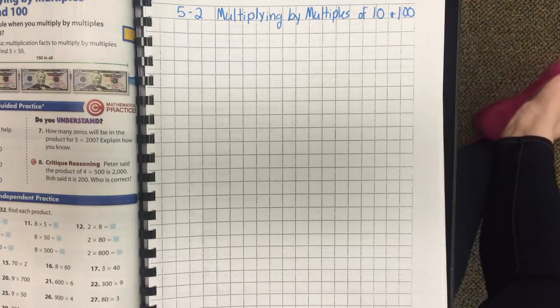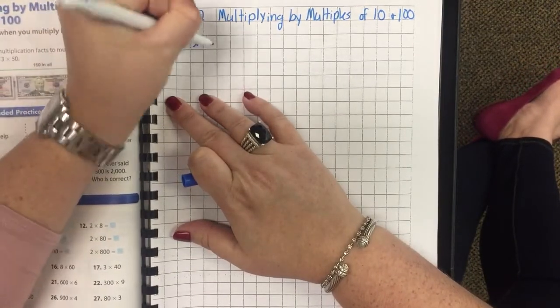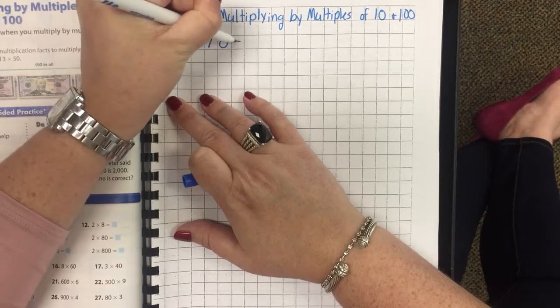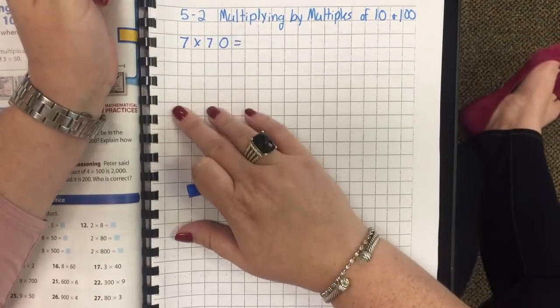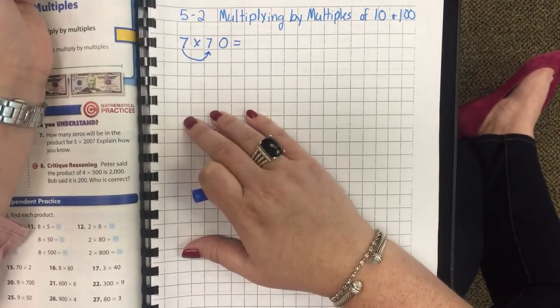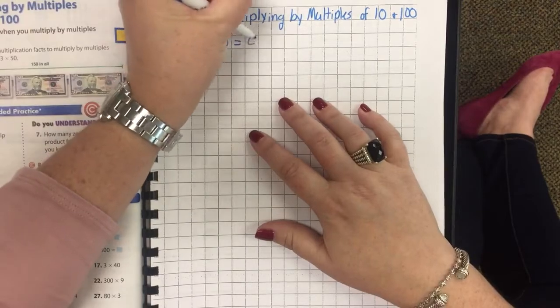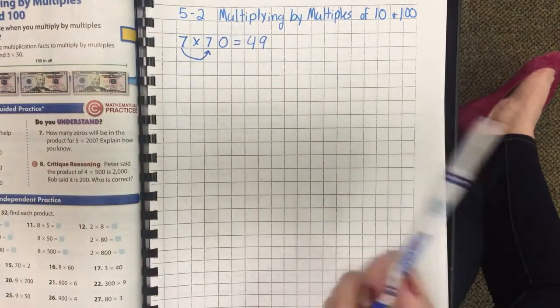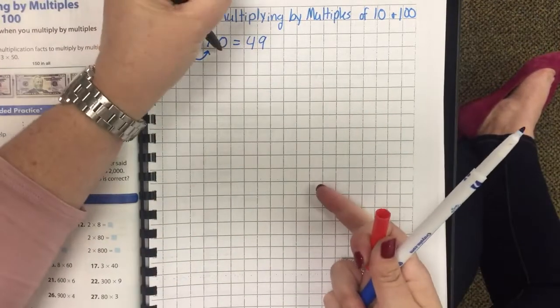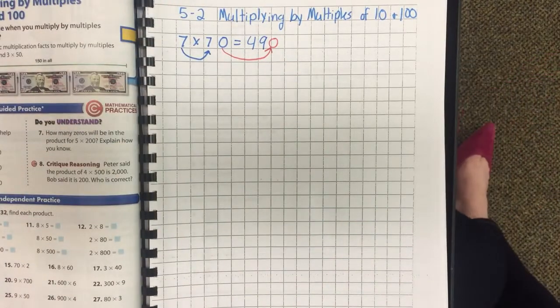Let's say I have 7 times 70. First, all I do, what is 7 times 7? We should know this. 49. 7 times 7 is 49. And then I just tack on that 0 on the end. That's it.